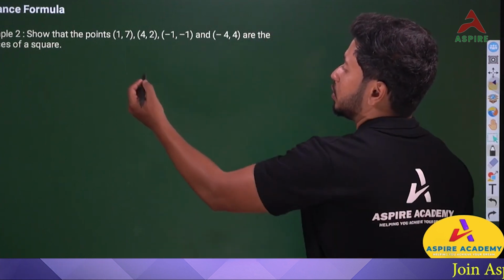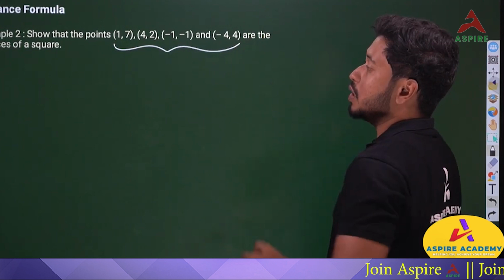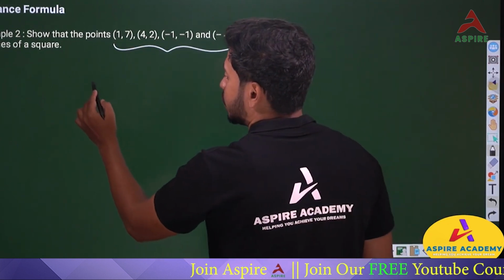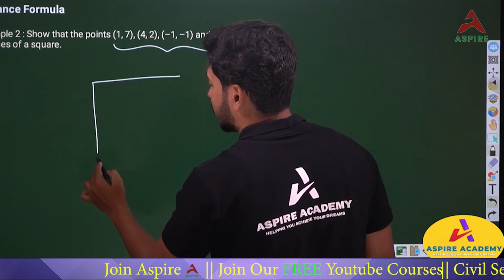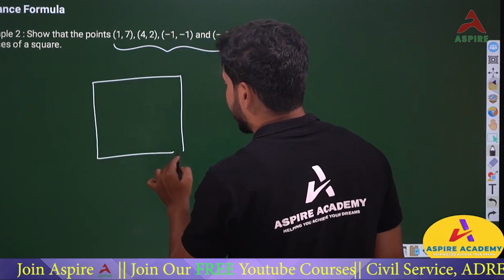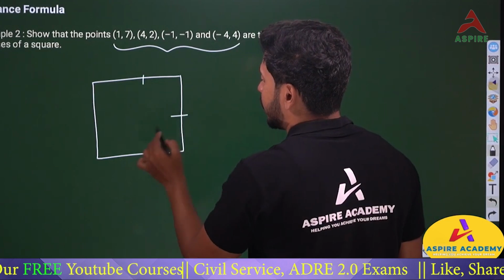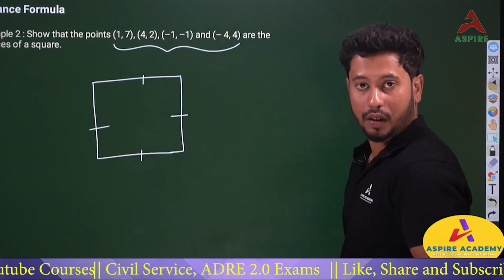These points are the vertices of a square. So what is a square? Square means, suppose, it's a type of quadrilateral where all the sides are what? All the sides are equal, right?